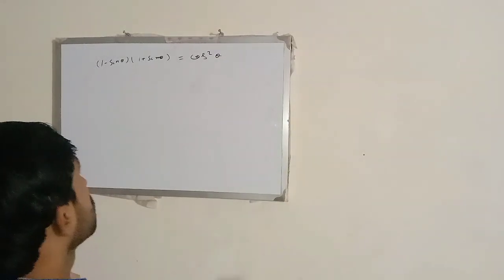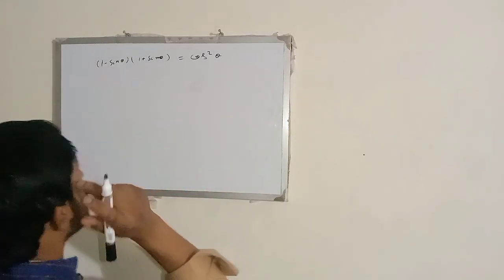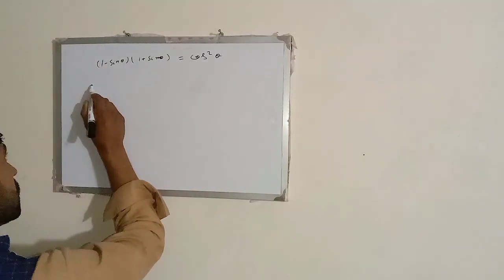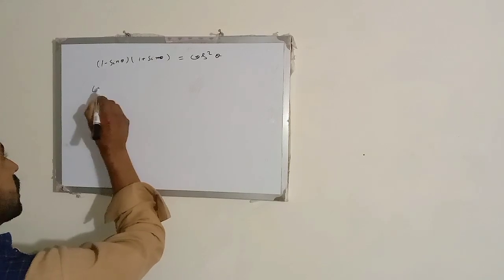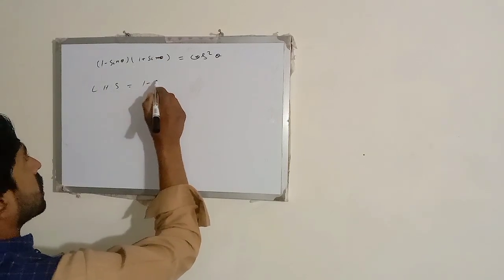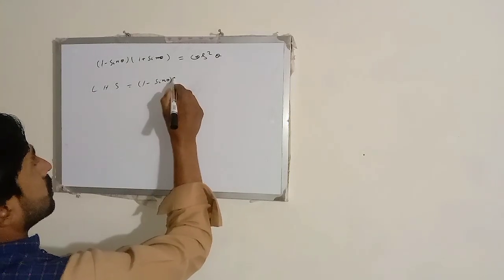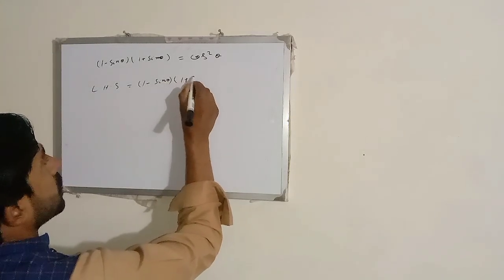Today we discuss the trigonometric identity. How can we solve this identity? Take the left hand side, which is equal to (1 minus sin theta) into (1 plus sin theta).